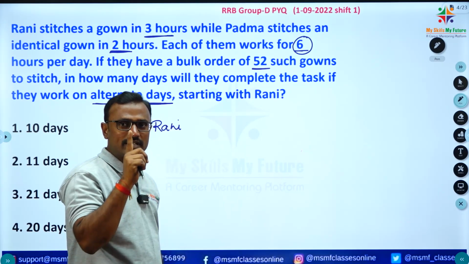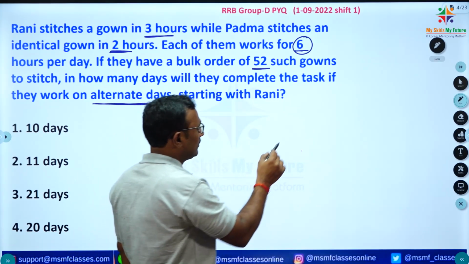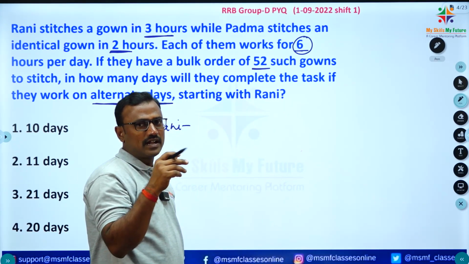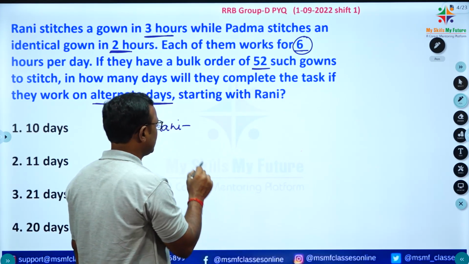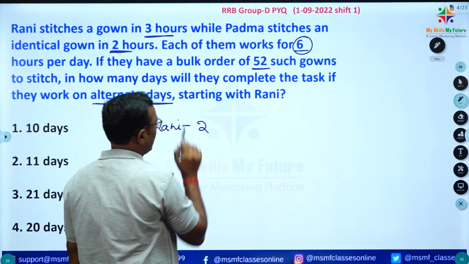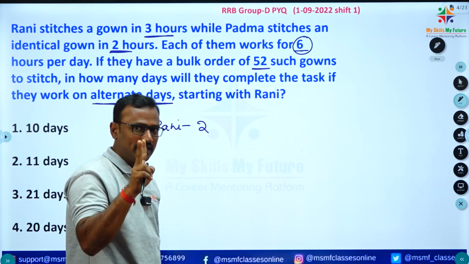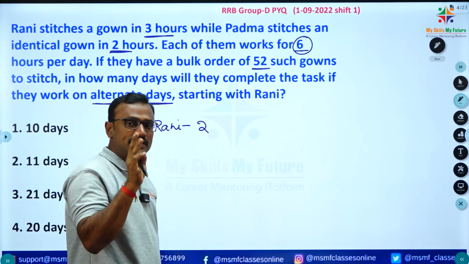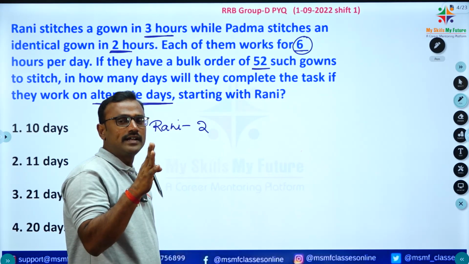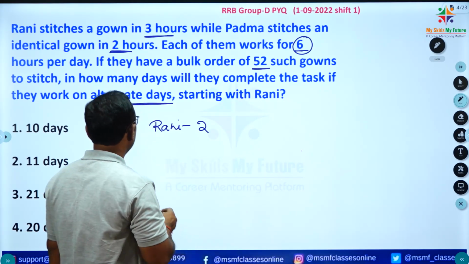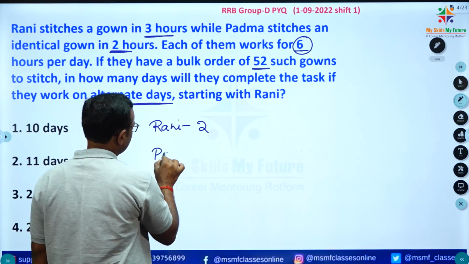Why? Because they work 6 hours, so in 6 hours Rani can stitch 2 gowns. So what about Padma?